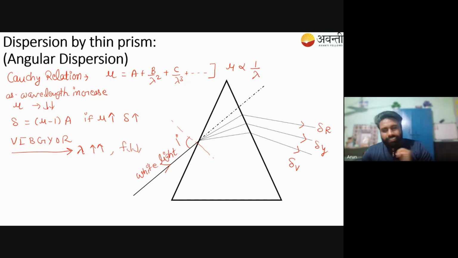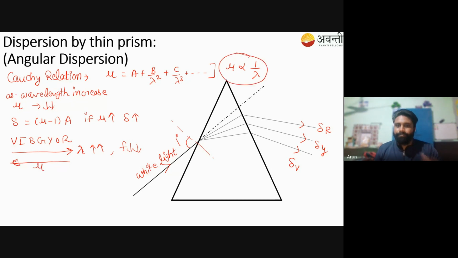So as you move from violet to red, the wavelength increases. Got it? If wavelength increases, what happens with mu? Mu decreases, from the Cauchy relation we have. So if wavelength increases, mu decreases. If mu is decreasing, what is happening with delta?